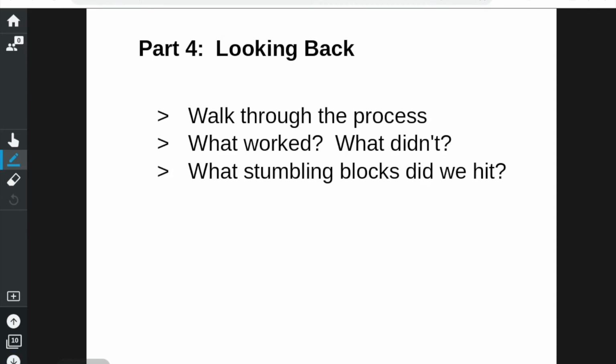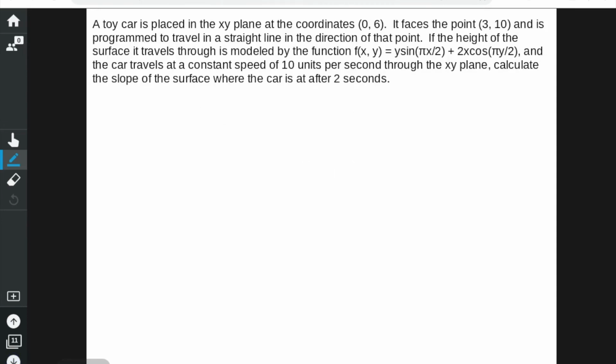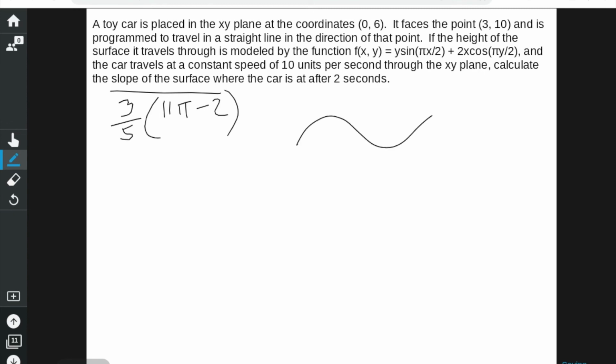Let's look back for a minute and think about what we actually figured out here. We just found the slope of the surface was 3 fifths times 11 pi minus 2. So what does that tell us? Well, when the car is driving, this is obviously going to be a big positive number.